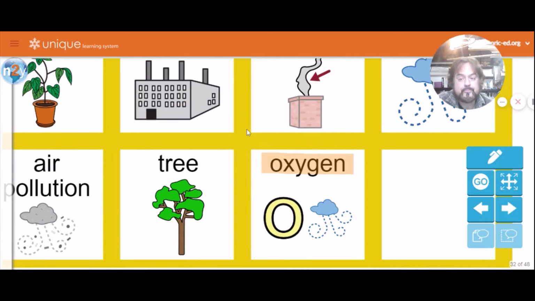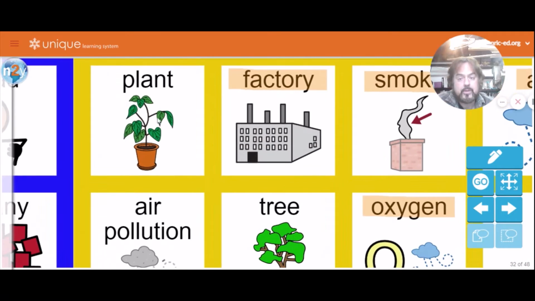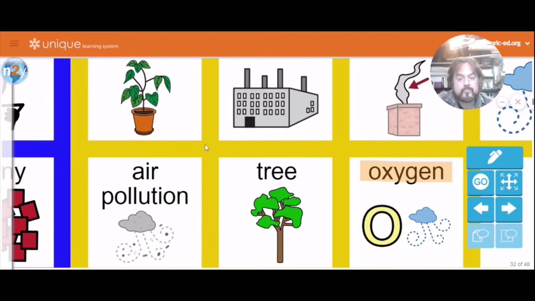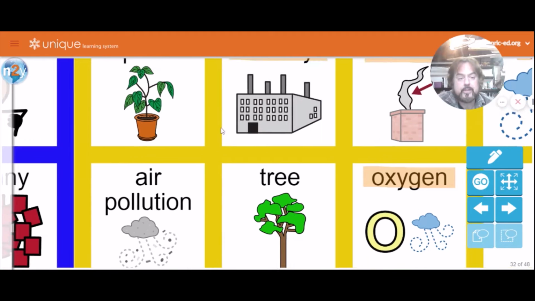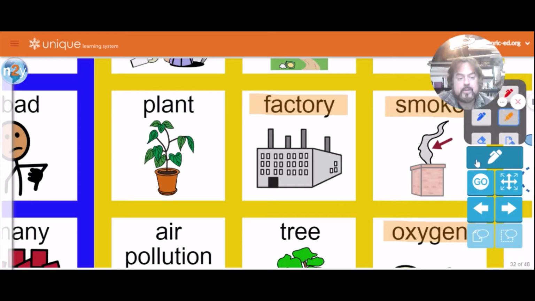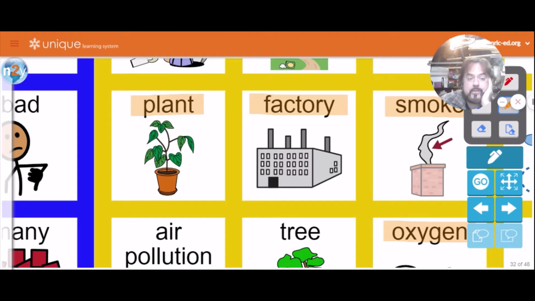Okay, so plant. A tree is a kind of plant. We have plants in our environment. You can see different plants as you walk around your neighborhood, bushes and trees and flowers and whatnot.